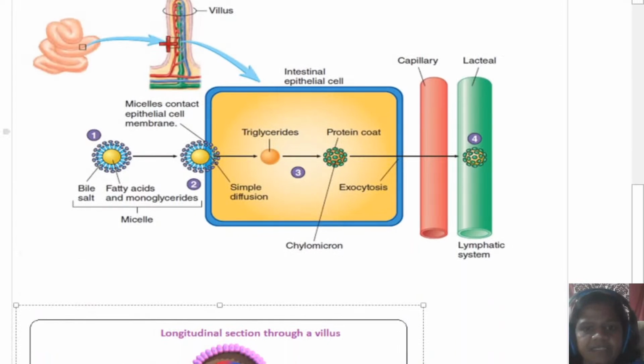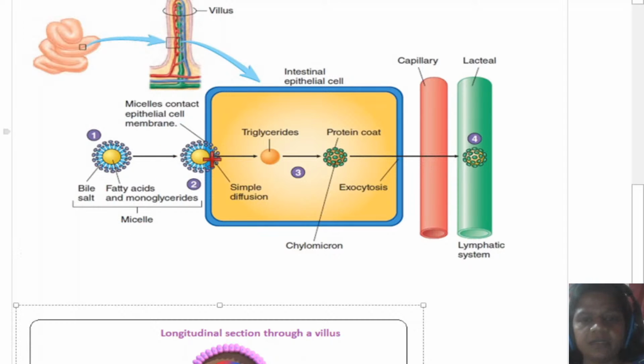And the fats, as you know, from the intestines, the microvilli, this is the lacteal present inside. These are the arteries, veins, the supply of blood, but they can't enter into the capillary network, so they enter the lacteals. But first they need to be emulsified, that means broken down into smaller and smaller droplets.